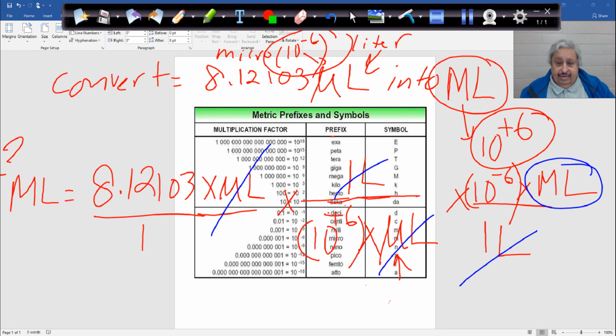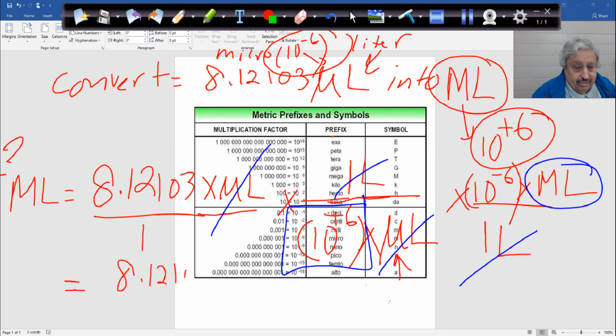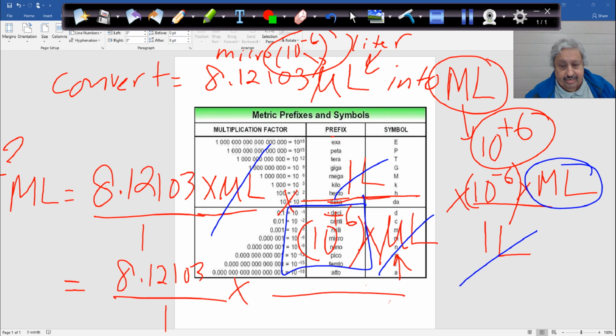So now here is 10 plus 6. I have to swap it to the top. That will be 8.12103 over 1, no units, we cancel the units. And this 10 plus 6 will be 10 minus 6, correct?